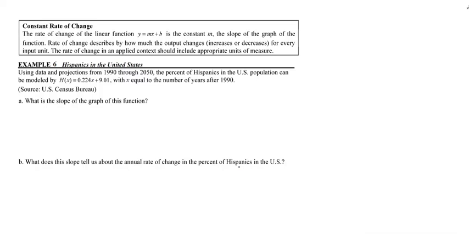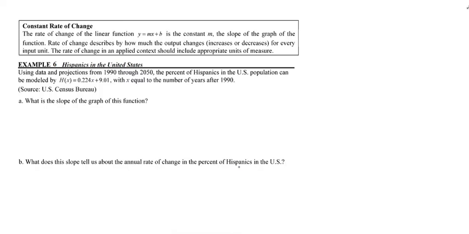The rate of change in an applied context should include appropriate units of measure. So when we interpret the meaning of the problem, that's when we have to pull in those units of measure to be able to explain what that means for other people who are not taking this math class.